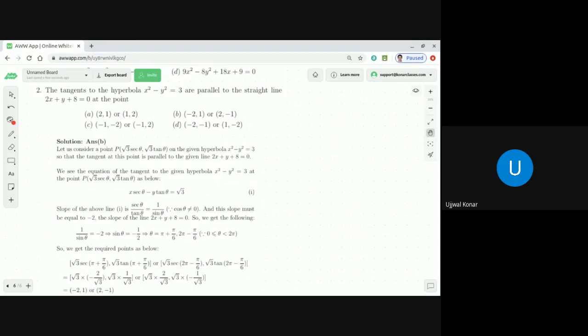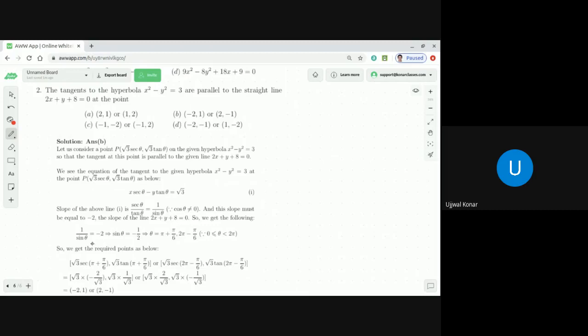So what is the slope of this straight line, equation 1? It is sec theta by tan theta, that is equal to 1 by sin theta. And this slope must be equal to minus 2, because it is parallel to the straight line 2x plus y plus 8 equal to 0, whose slope is minus 2.